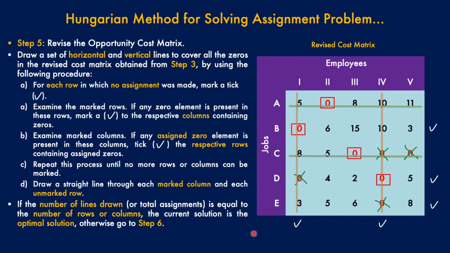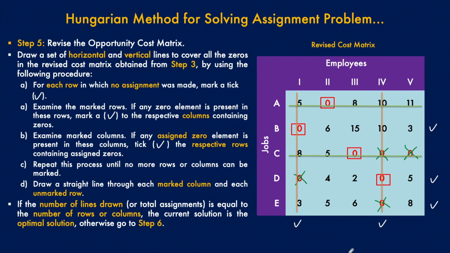So clearly understand this revising process by drawing horizontal and vertical lines with the following procedure. Here we have to clearly understand how we will start. You can see some tick marks here, some lines here, and how we will draw all these things.